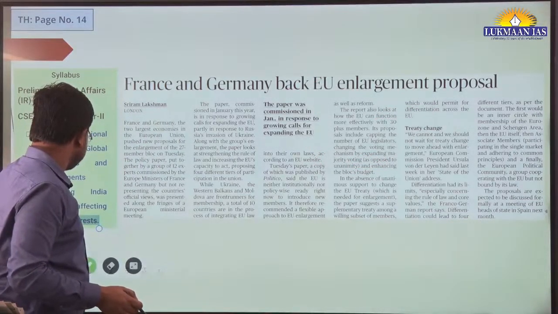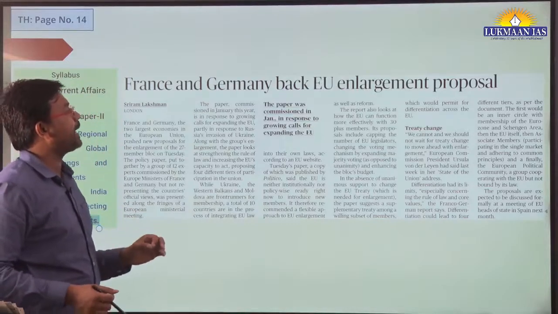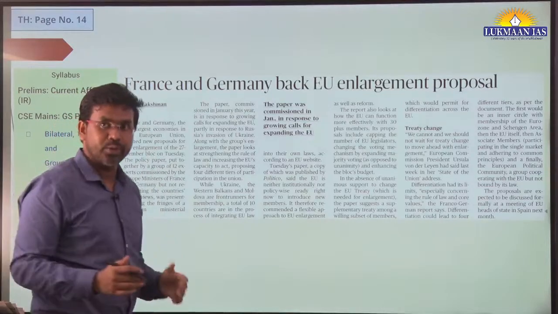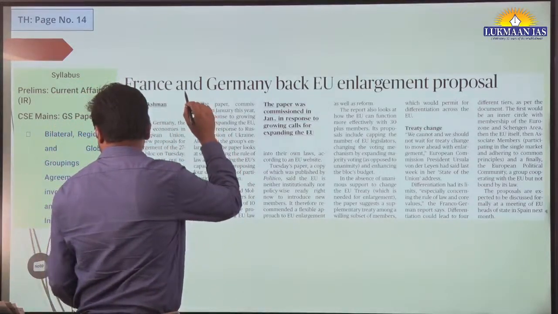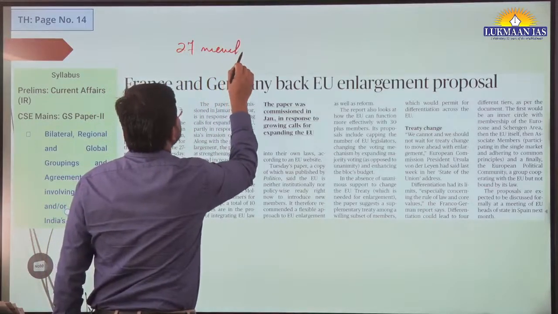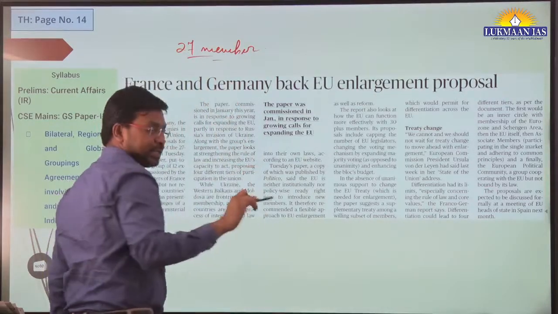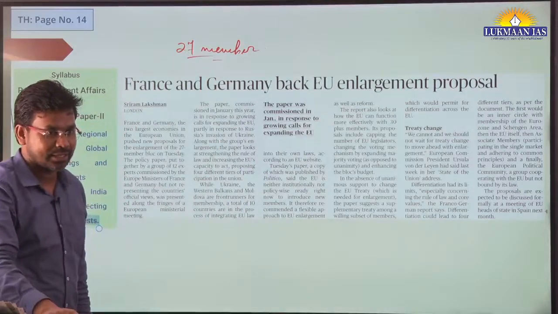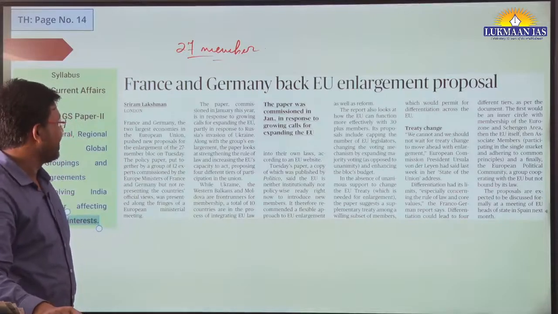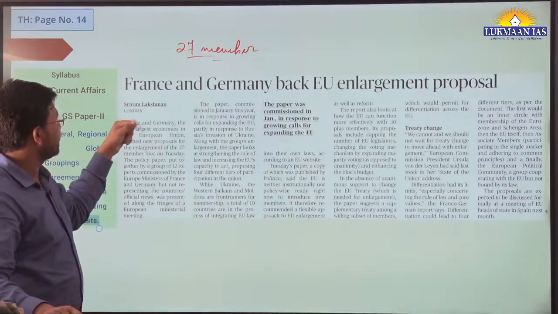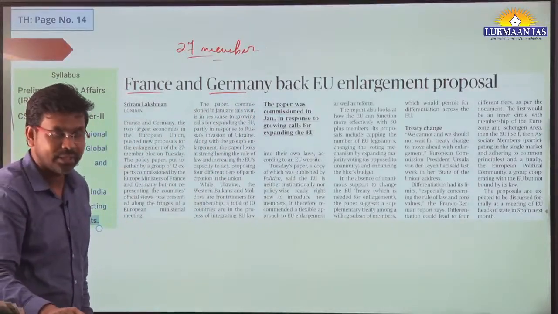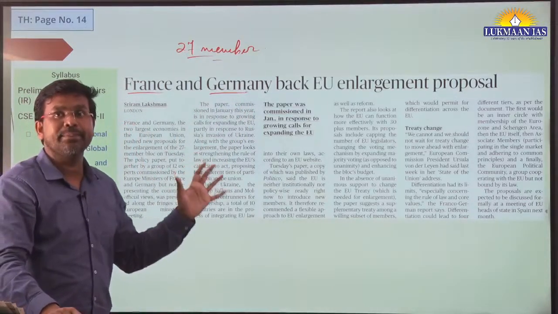It says France and Germany backed the European Union enlargement proposal. The European Union currently has 27 member countries. I was thinking it had 28, but in this article it has 27. Now these two countries, which are the largest in the European Union, have proposed to extend the membership.